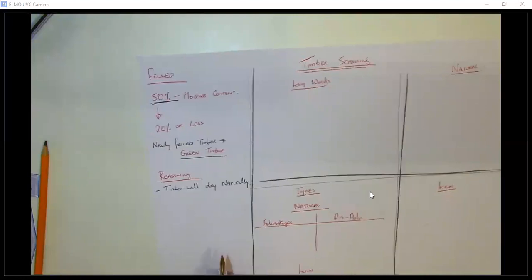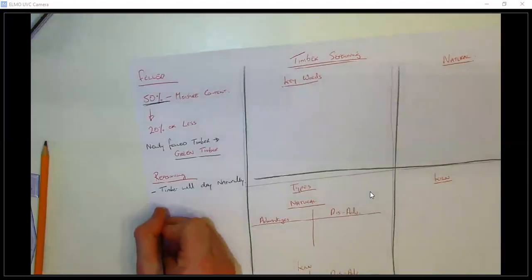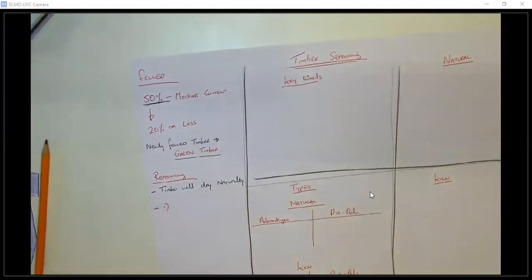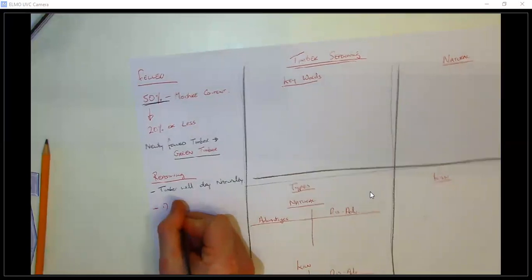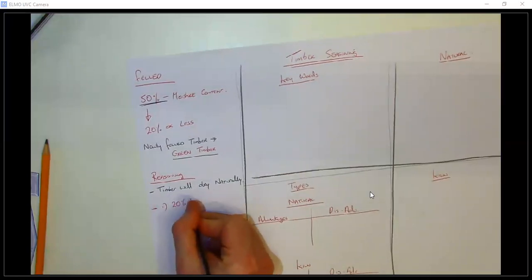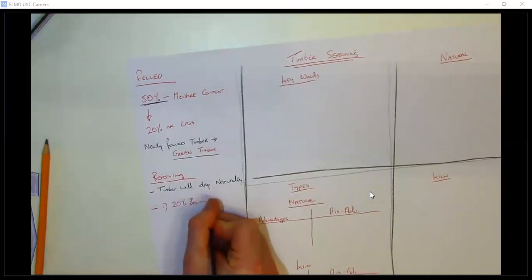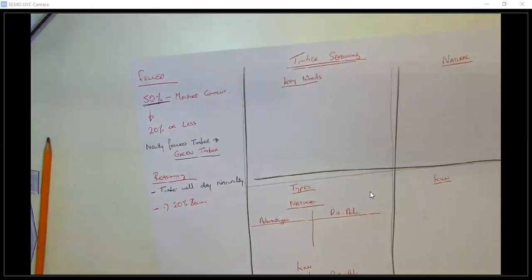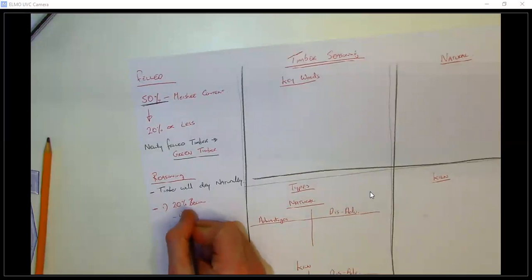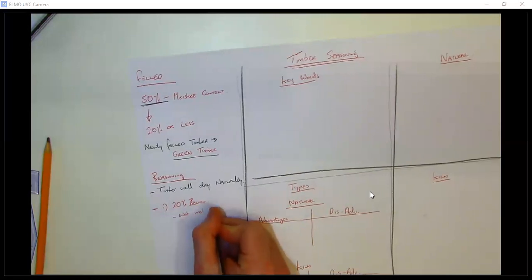Okay, so the reasons for seasoning are, number one, it prevents diseases and defects. The reason that we're looking to get this below 20% moisture content is, if you ever see wood outside that's soaked with water, you're going to see different types of rot, so wet and dry rot.